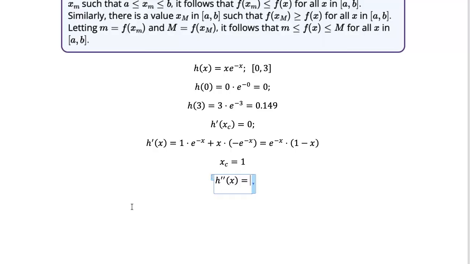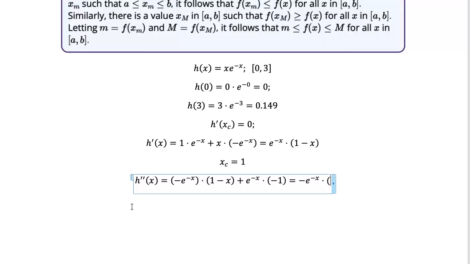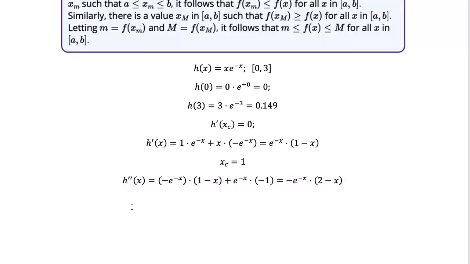First term, minus e to the minus x times 1 minus x, plus e to the minus x, and the derivative of the second term is just minus 1, right? So factoring out minus e to the minus x, this will be 2 minus x. So this is the second derivative.